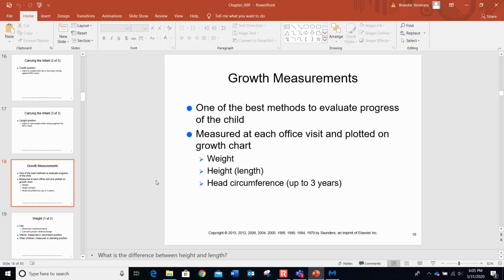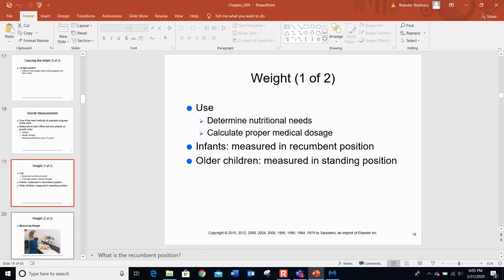Well, it's one of the best methods to evaluate the growth of the child. So we typically look at the weight, height, or length, and the head circumference up to age 3 of a child. And that's during the office visits, and we're going to plot that information on that growth chart. And I know that seems scary, but we're going to make it as easy as we can.